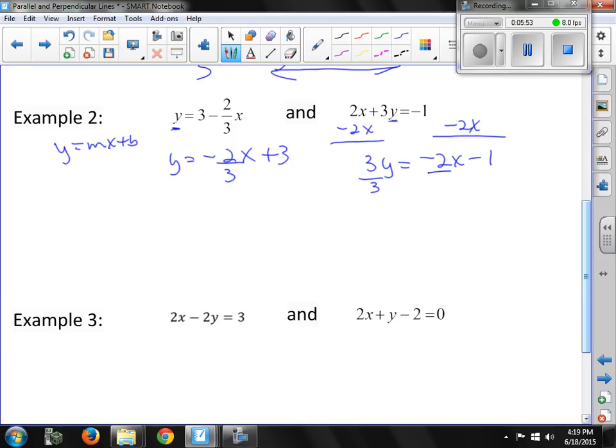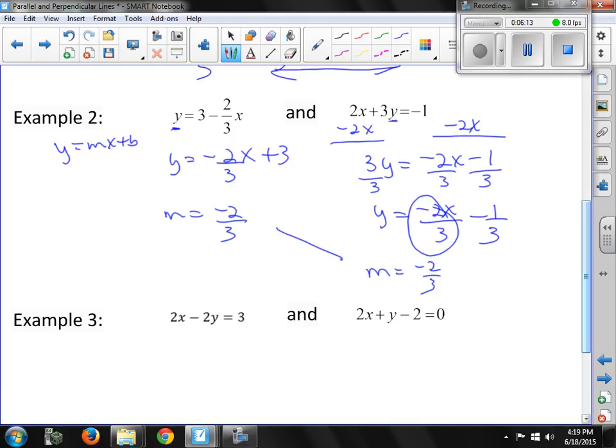Divide everything by 3. So I get y equals negative 2x over 3 minus 1/3. The slope of this line is negative 2/3. The slope of this line was also negative 2/3. I'm comparing them. They look exactly the same to me. So these are parallel lines.